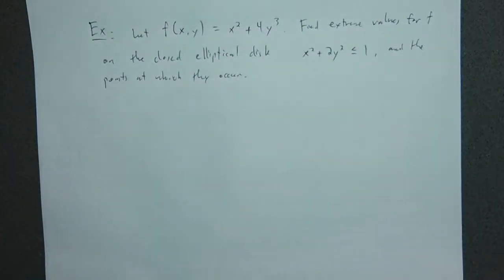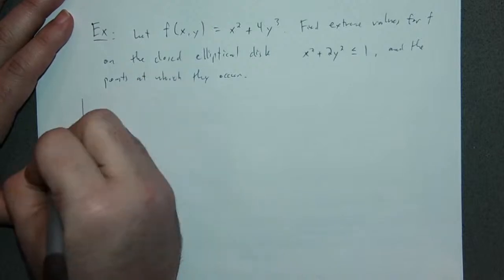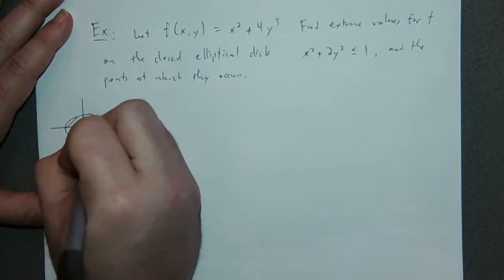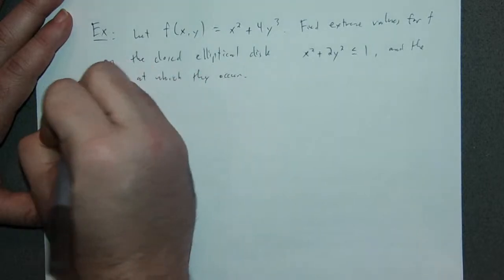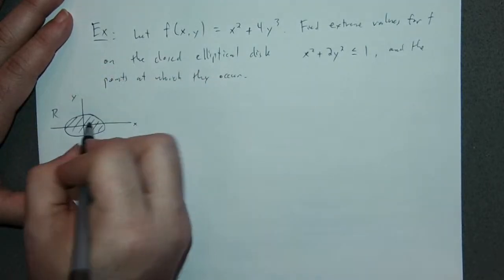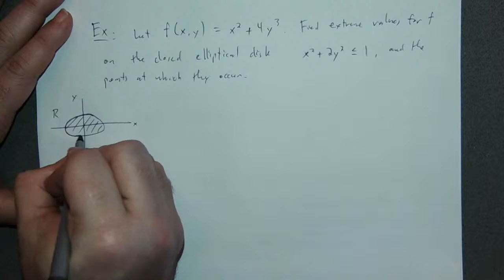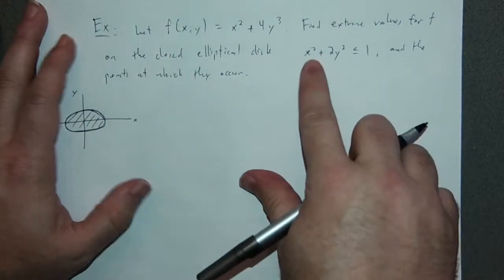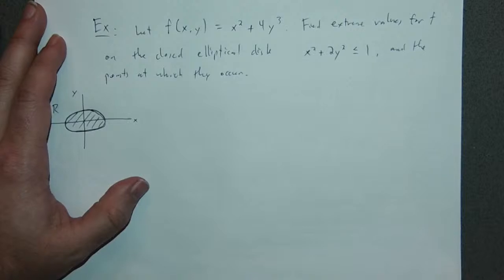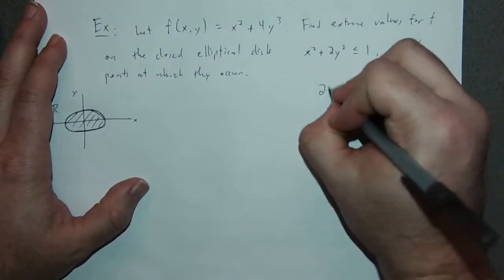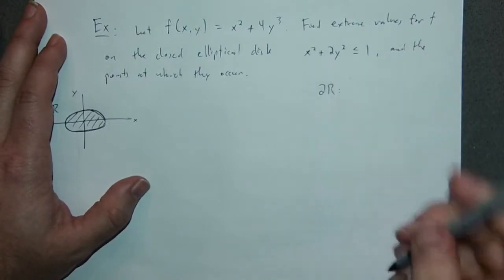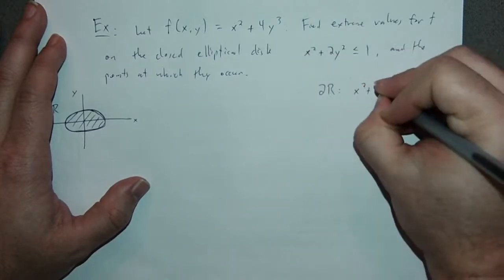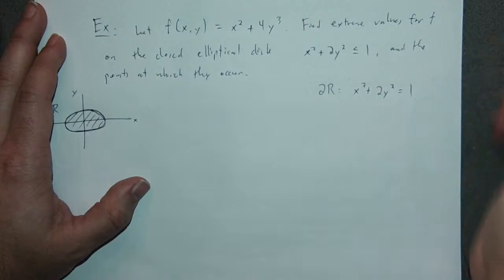Okay, so what does our R look like here? Our R is a closed elliptical disk. All right, so here's my region R. The boundary curve, del R, is what? So here's my closed elliptical disk. What is the boundary curve? Well, it is x squared plus 2y squared is equal to 1.